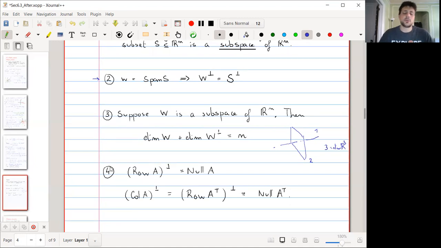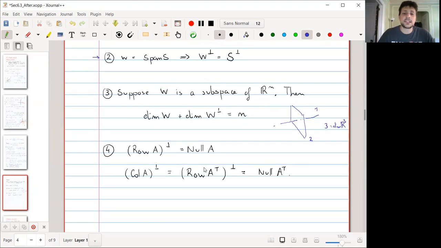Lastly, the last property is the one that we commented on above. The perpendicular space to the row space of A is the null space of A. But remember that this teaches us a little bit more, because the column space of A is the row space of A transpose.